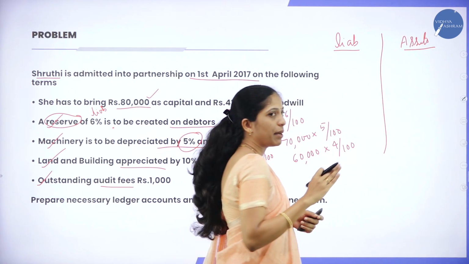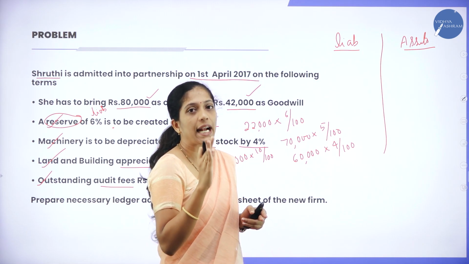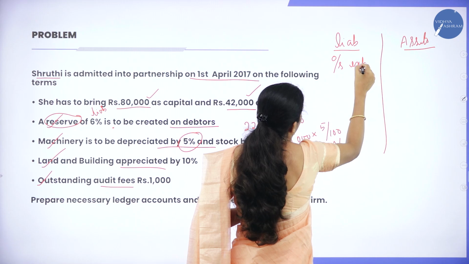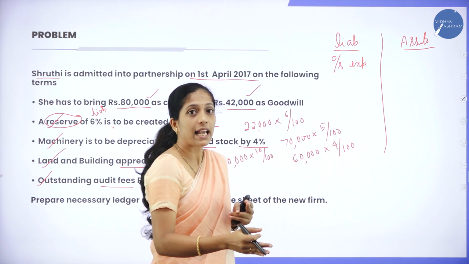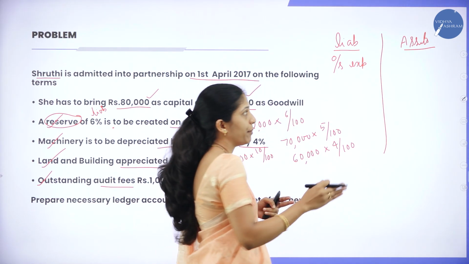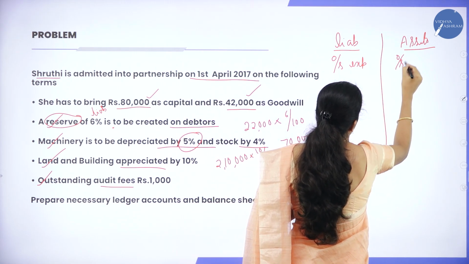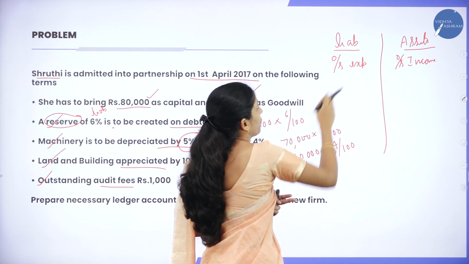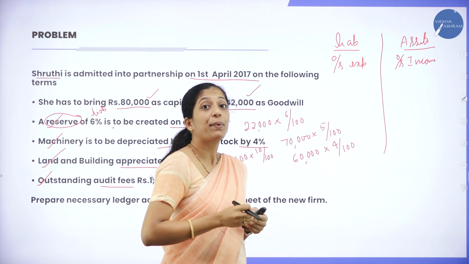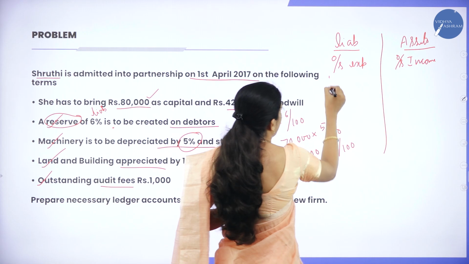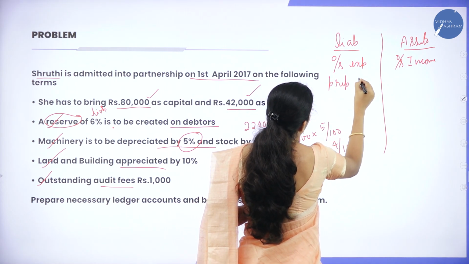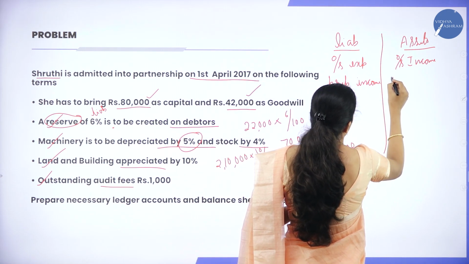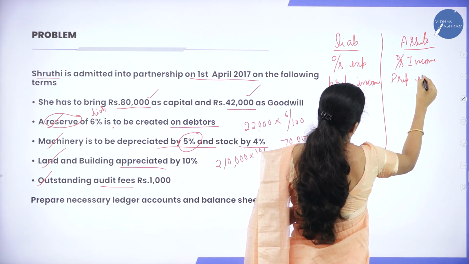So always remember one item, that is outstanding expenses. Outstanding expenses is always a liability. Then the reverse of outstanding expenses is what? Outstanding income. So outstanding income should be an asset. In the same way, the reverse of outstanding income is prepaid income, so prepaid income is a liability. Then the reverse of this will be an asset, that is prepaid expenses.